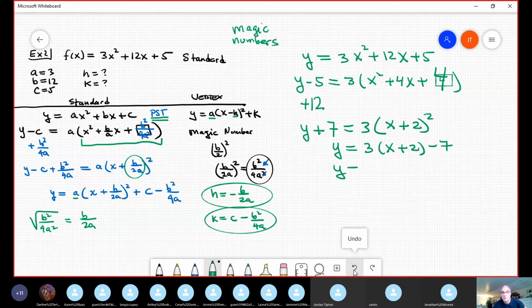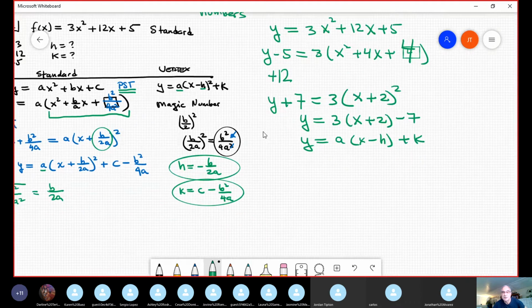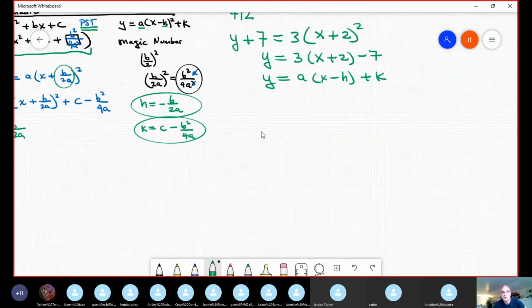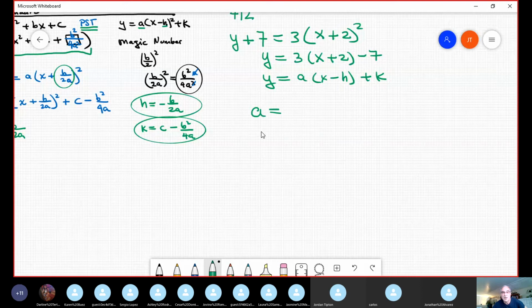Okay, I copy my famous vertex form equation. It can look like that. Therefore, who is A? A is 3. It opens, right? And what direction does this parabola open, up or down? Up.